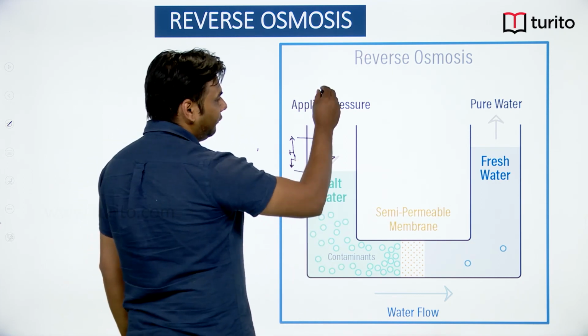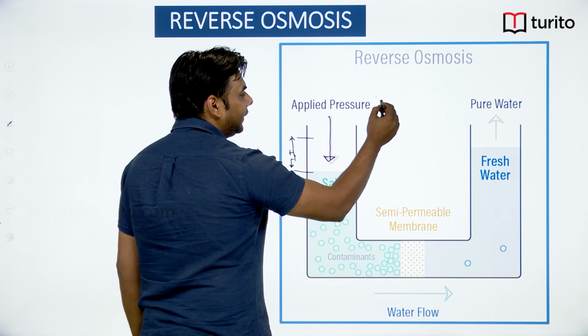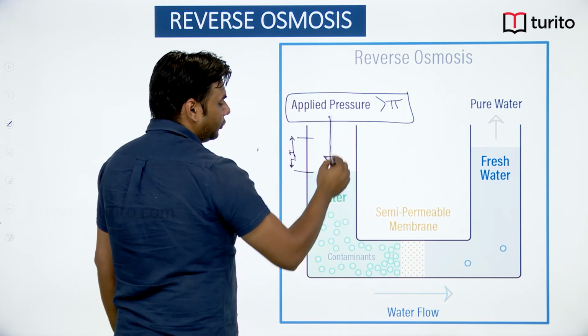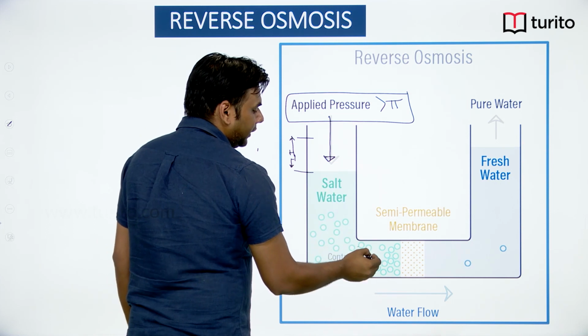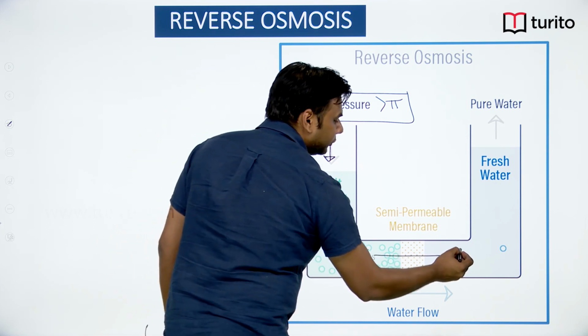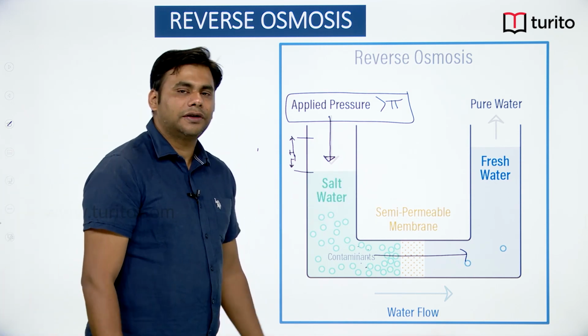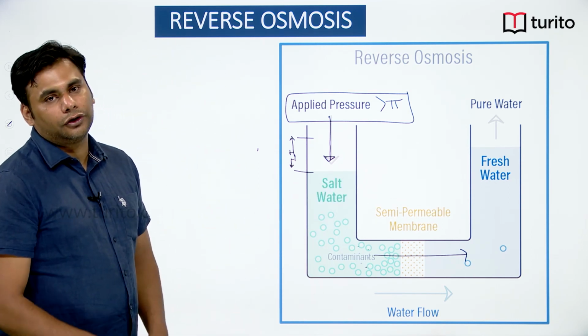So what will happen if you exert a pressure greater than the osmotic pressure? The water molecules on this side would forcibly cross to this side. So the reverse of osmosis takes place, and we call it reverse osmosis.